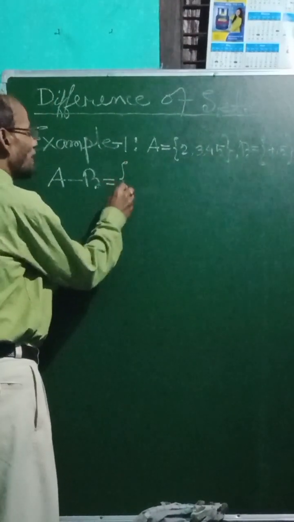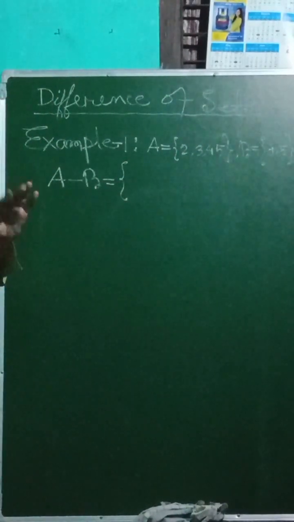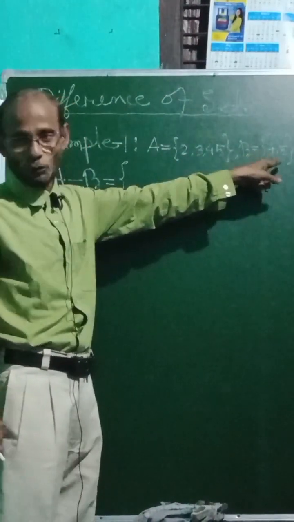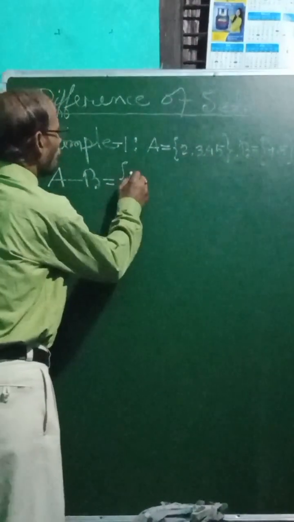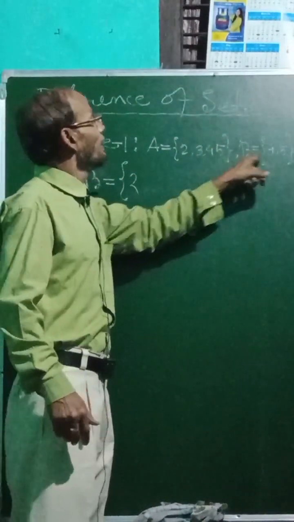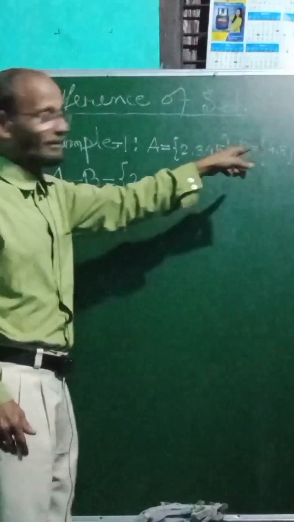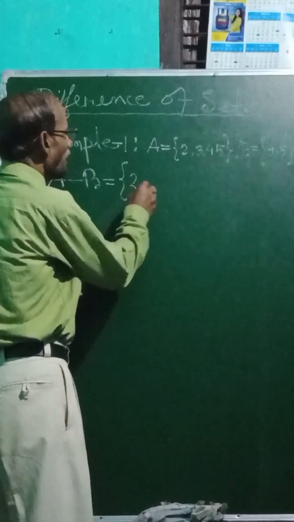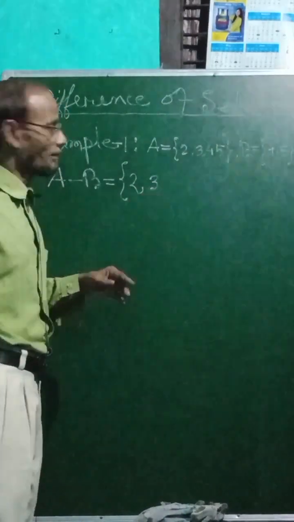To start the set, see the element 2, it is not present in B, so you write 2. Come to 3, it is present in A but not in B, so one more element 3.